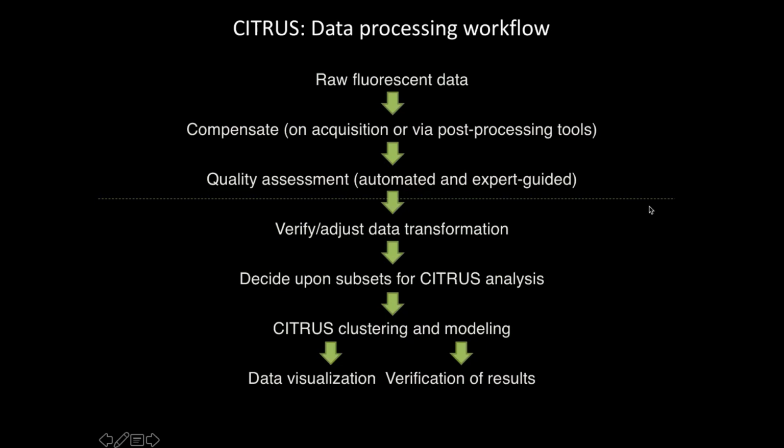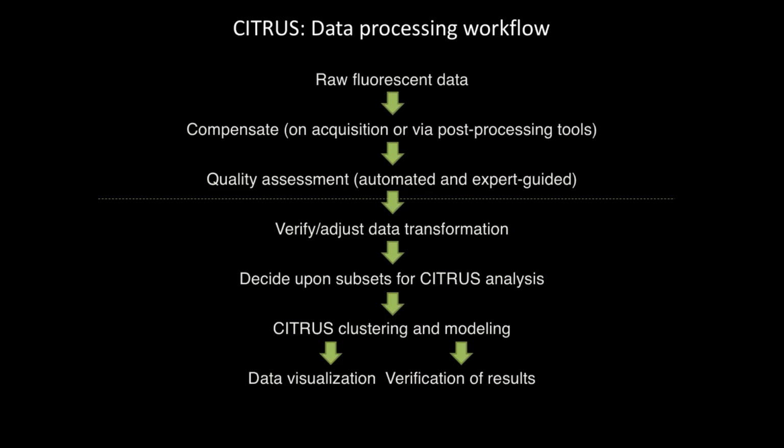Then we verify the correct data transformation, which is what you find under the scales setting in Cytobank. We usually use arcsinh transformation for all our fluorescence cytometry data. Usually the automated parameter selection works pretty well for us, but sometimes 1 or 2 channels need adjustment.